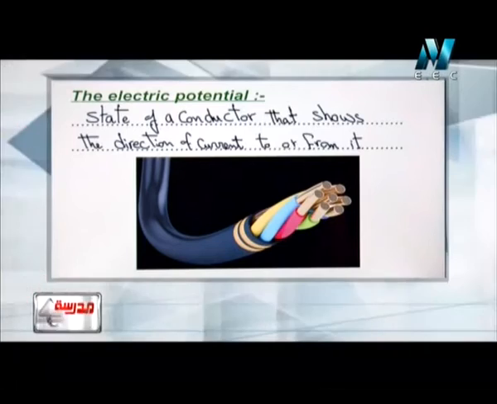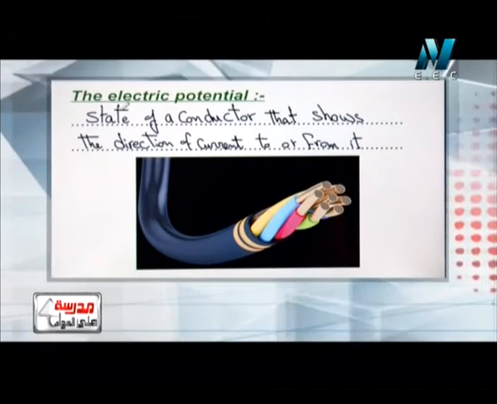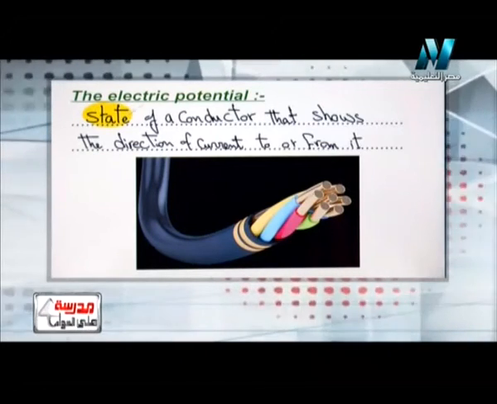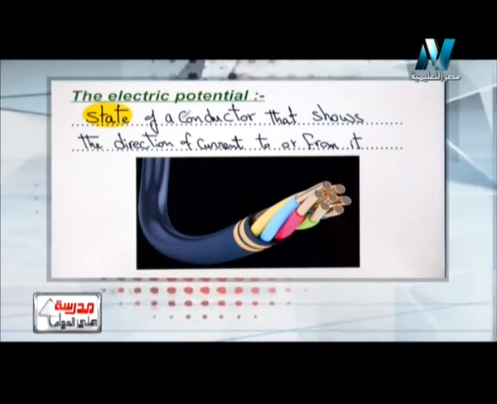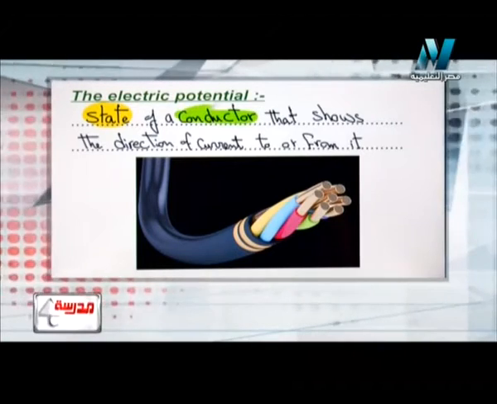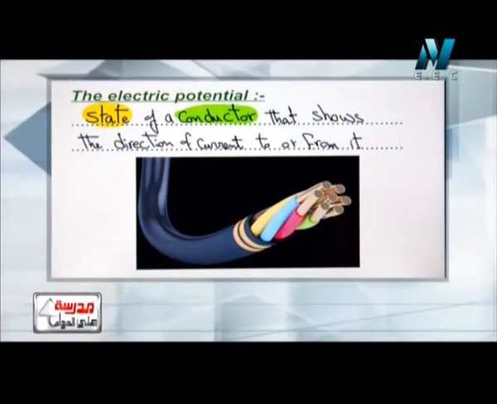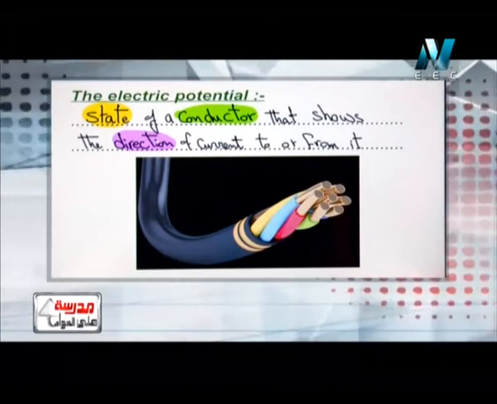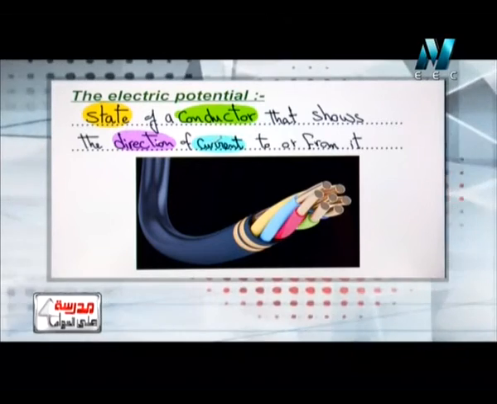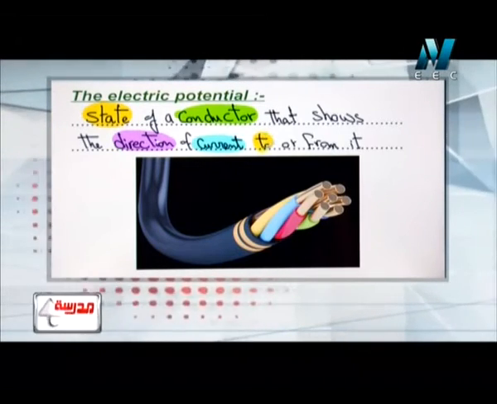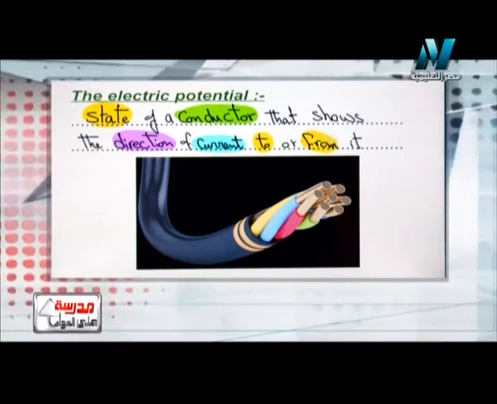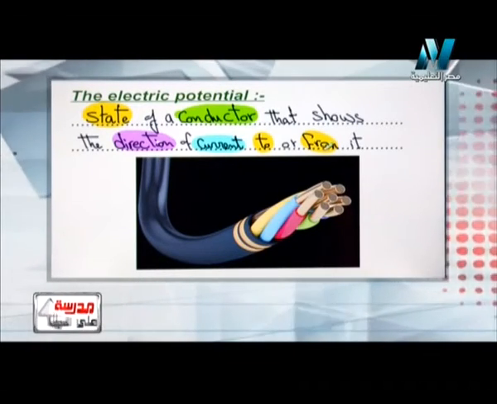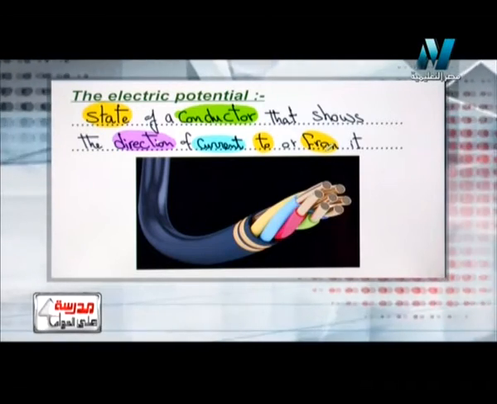Again, what is meant by electric potential? It is the state or condition of a conductor, of a wire, that shows the direction of the electric current to or from it. Is the electricity coming from this wire or going to this wire?